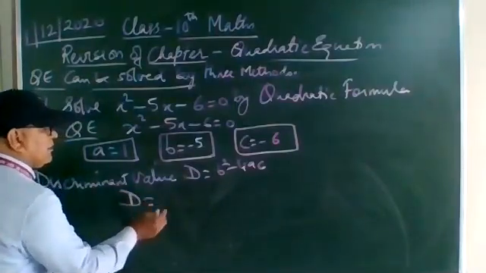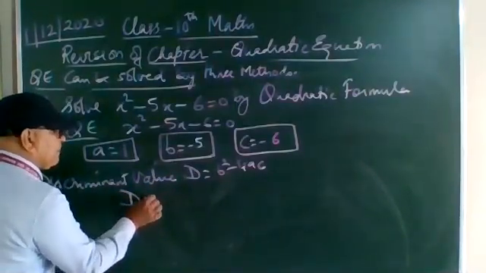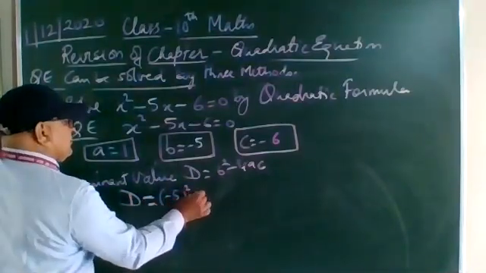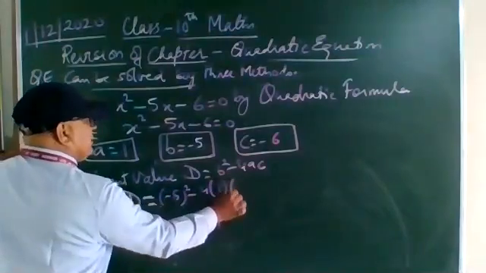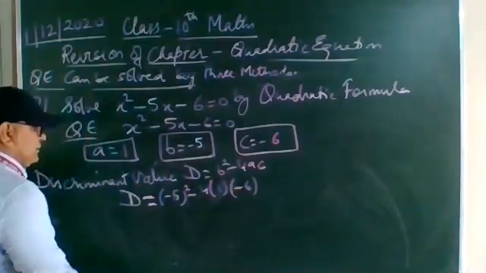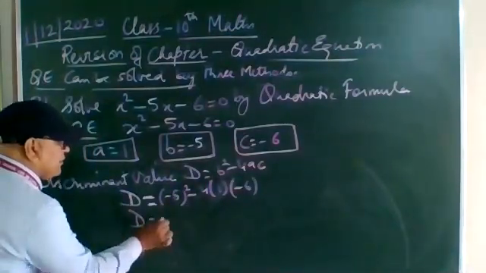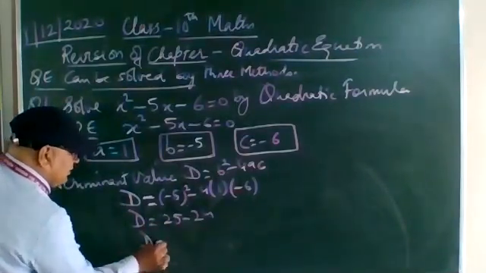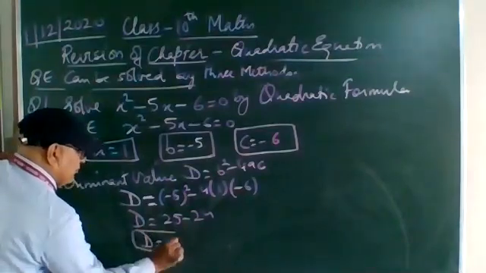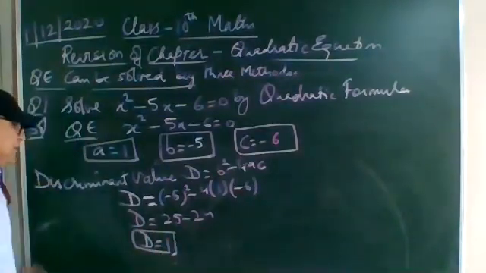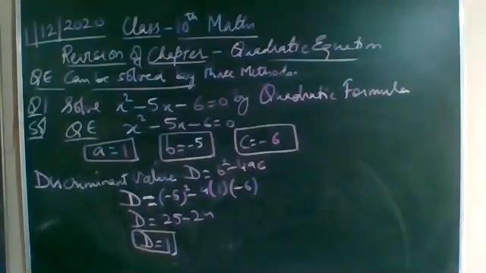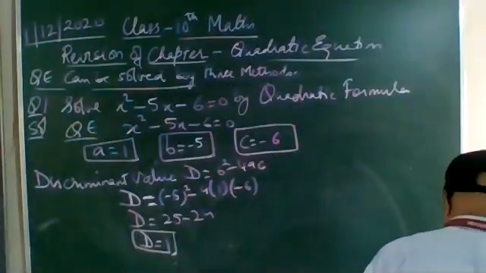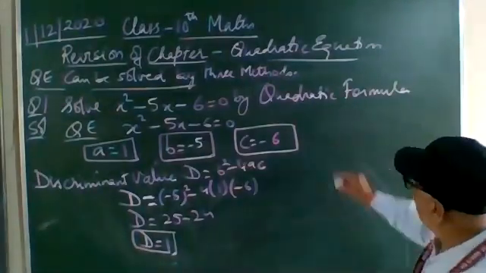D equals minus 5 square minus 4 into 1 into minus 6. D equals 25 minus 24, so D equals 1.